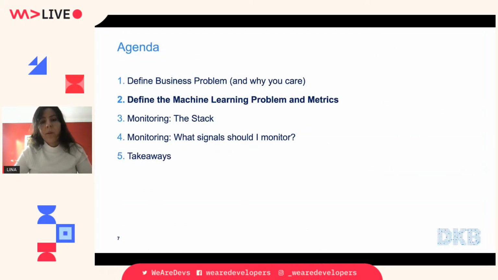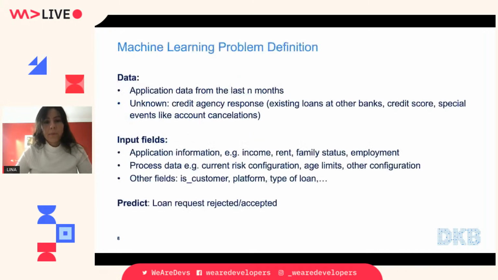defining the machine learning problem, in this case, and the metrics we use to train it. In this particular case study, we look at applications from the last n months. So it could be 12 or however much data you have. Unknown is the credit agency response: for example, existing loans at other banks, the credit score, and special events like account cancellations. And then you have a bunch of input fields. Sometimes you hear about input data monitoring; we will cover that later.